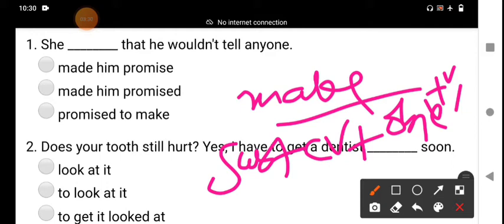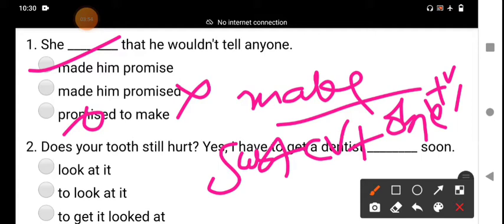Here the answer is promised. This is the wrong answer, because with promised there is no main verb here. And the right answer is number 1. Why? Because we have selected that answer. She made him promise that he wouldn't tell anyone.